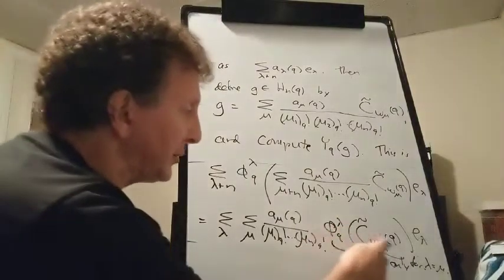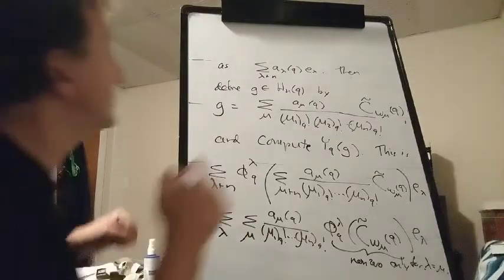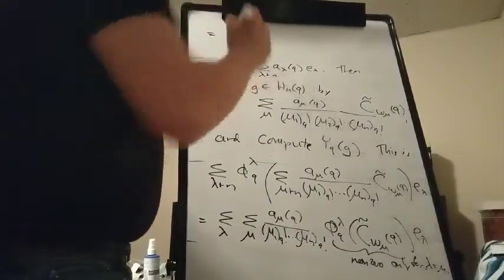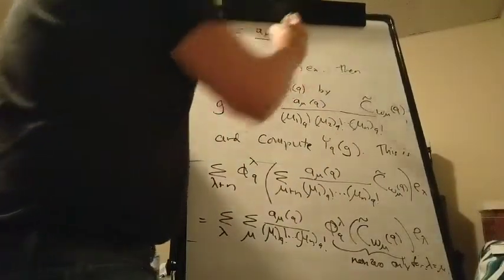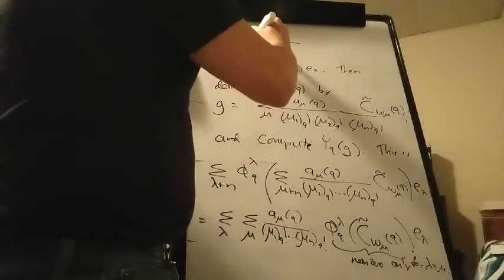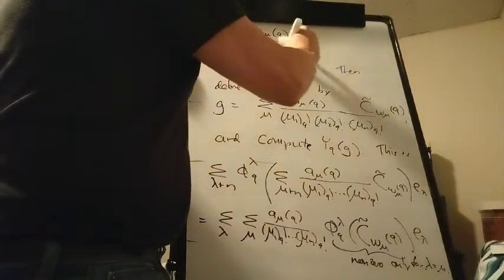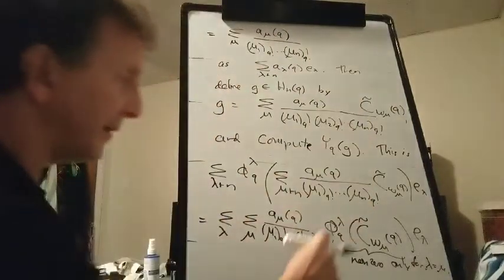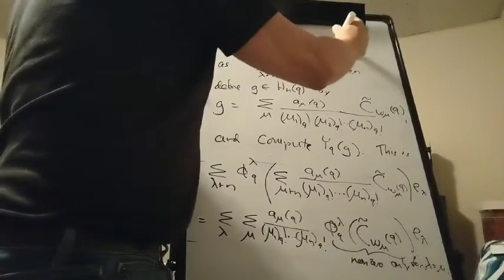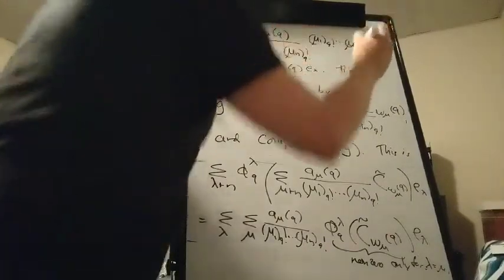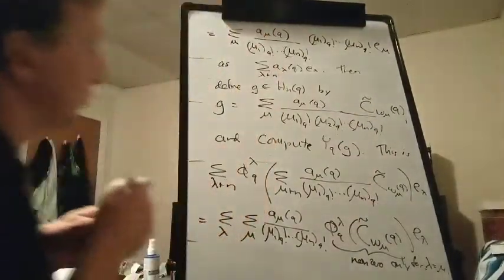So first of all, it's zero if lambda and mu are different. So we don't need to sum over all pairs lambda and mu. We only need one partition. So we've got a sum over partitions mu. Now we've got a_mu of q over this product of parts of mu, q factorial. And then this evaluation turns out to be the parts of mu, q factorial. And then we have e_lambda, or e_mu on the end, because we're only looking at the mu term.